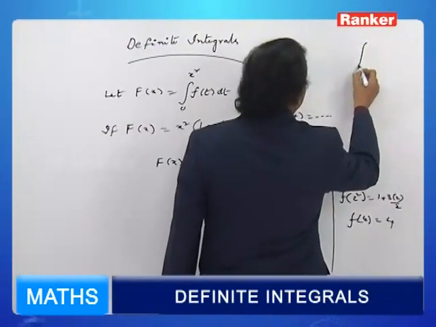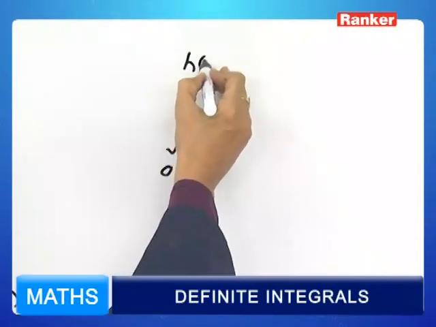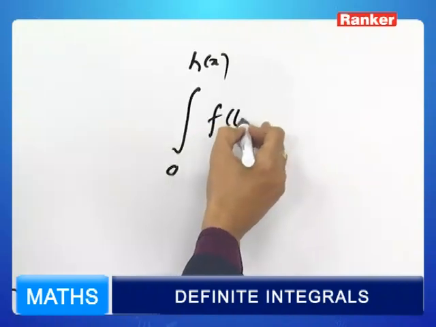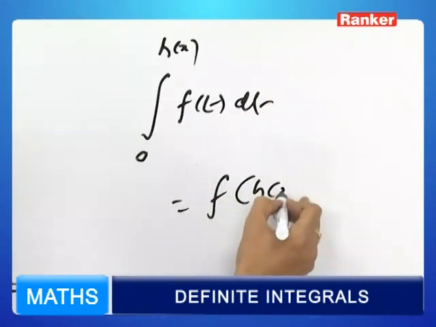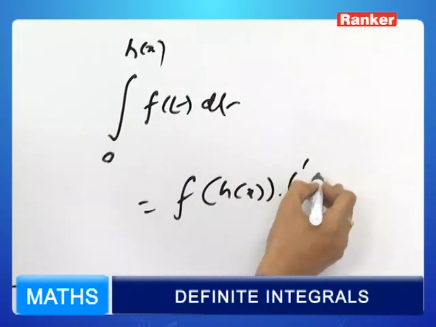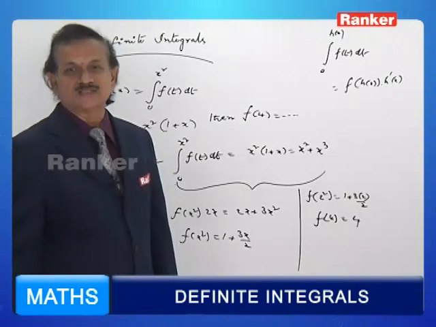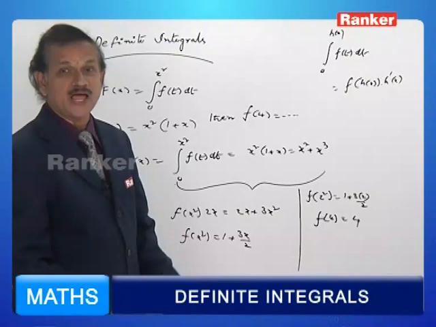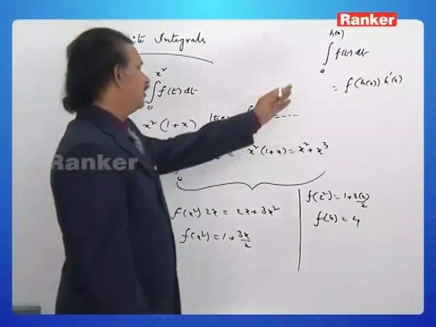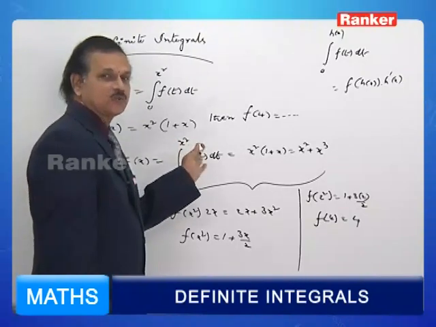Well, my dear, here in this process of differentiating, we could have made use of Lagrange's rule of differentiating the integral 0 to h of x of f of t dt, which is f of h of x into h dash x. I think you might have recollected the so-called Lagrange's rule of differentiating a definite integral like this. And in the place of h of x, we could have had x square here.